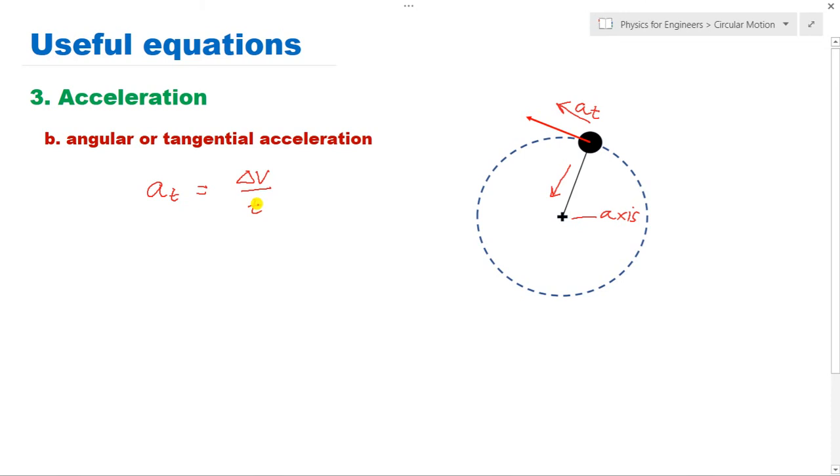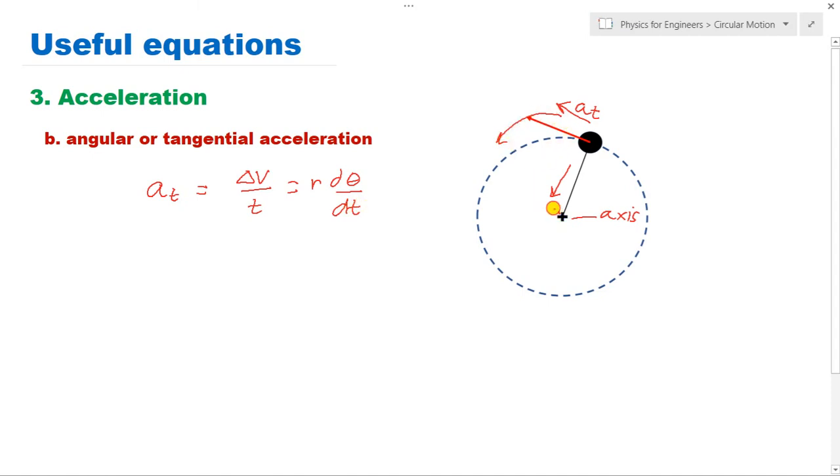Or in other terms, we can also write this as a function of your radius and the rate of change of your angular velocity per unit time, because it is perpendicular.